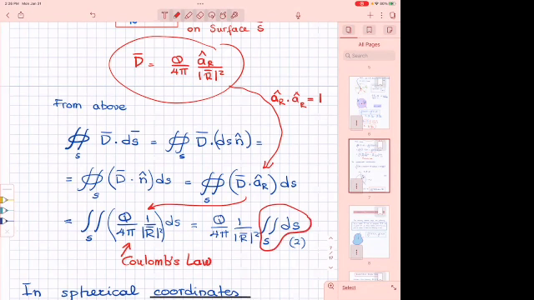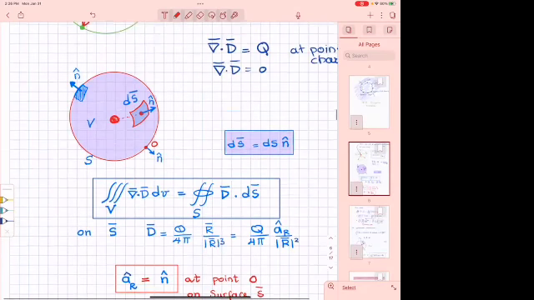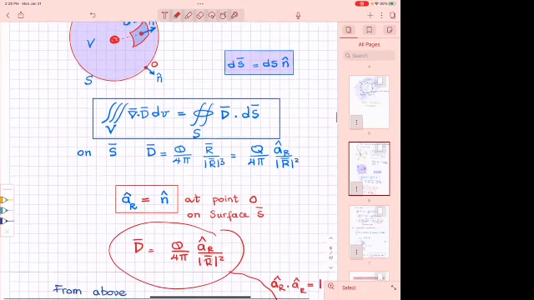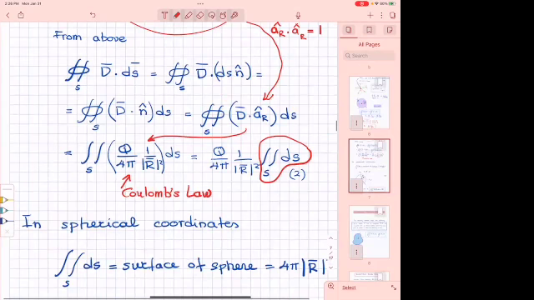What is this? This is the integral of the tiny surface on the whole surface, all right? This dS vector is an infinitesimally small section of the surface. So if you integrate the magnitude of this infinitesimally small area over the whole sphere, what are you going to find?